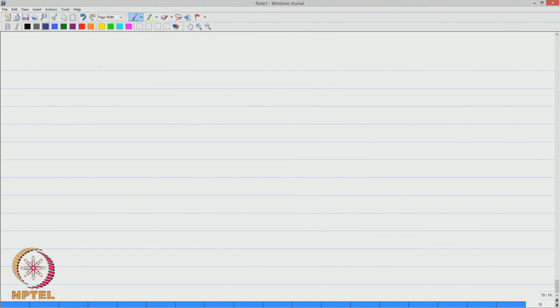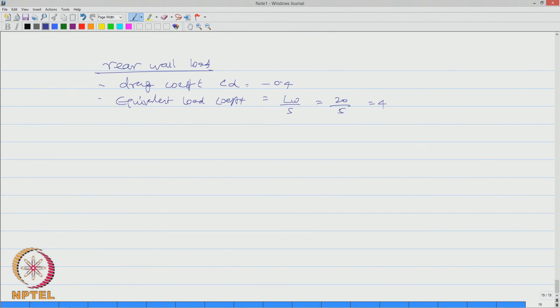Let us talk about the rear wall. For the rear wall, drag coefficient CD is taken as minus 0.4 and the equivalent load coefficient depends on LW by S. In this case it is 20 by 5, which is 4, for which from the UFC chart one can find CE as 0.88.